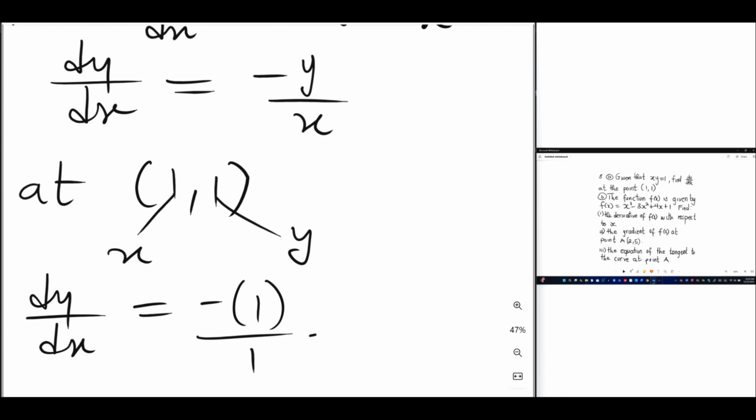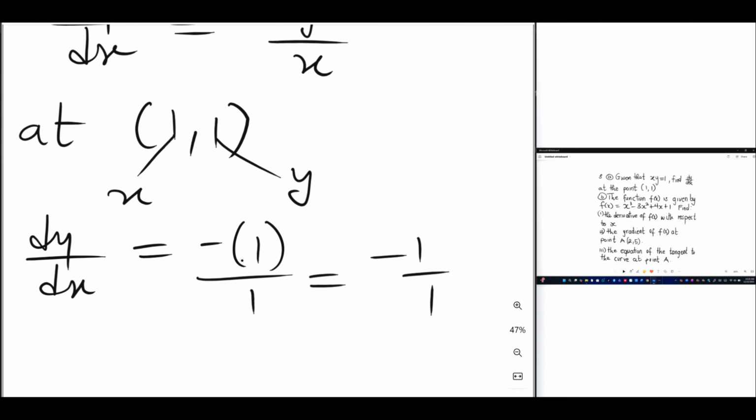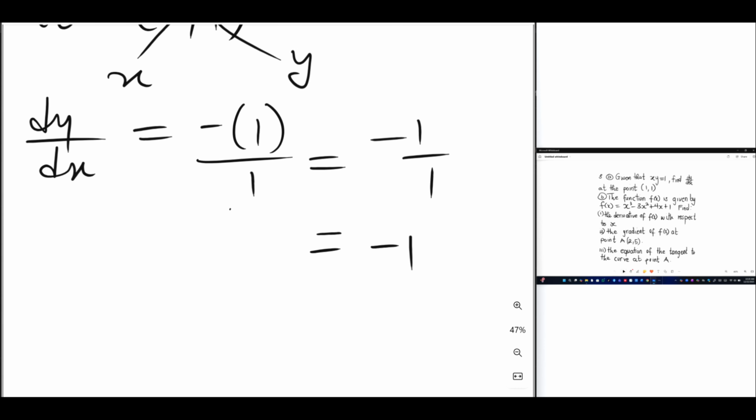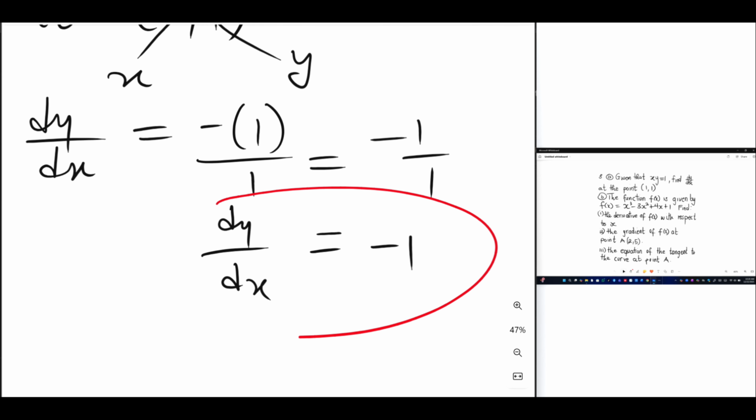We get negative 1 divided by 1, which gives us negative 1. So this is the gradient dy/dx at the point with coordinates (1, 1). This is our result for 3a.